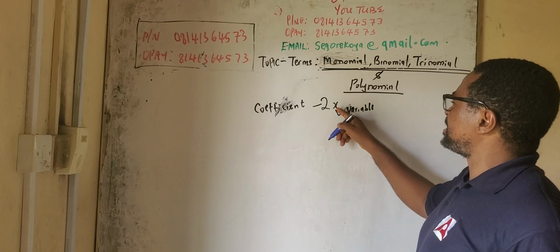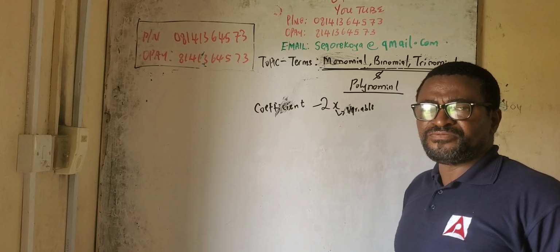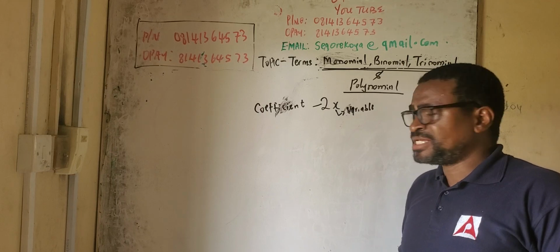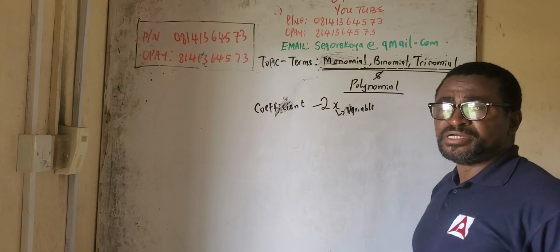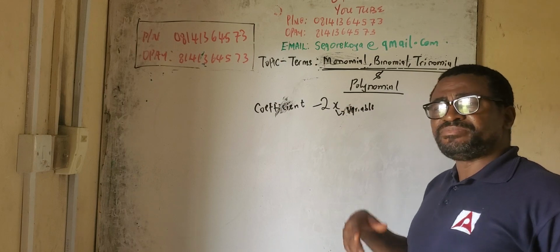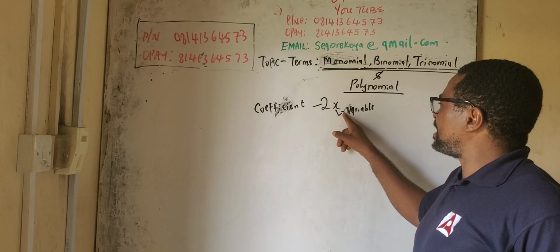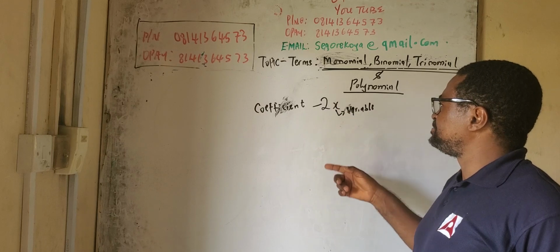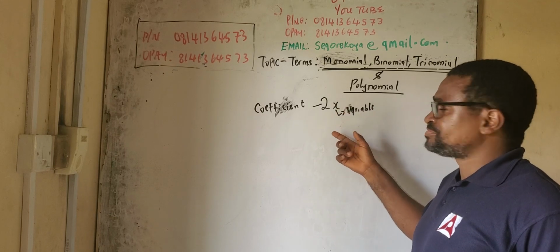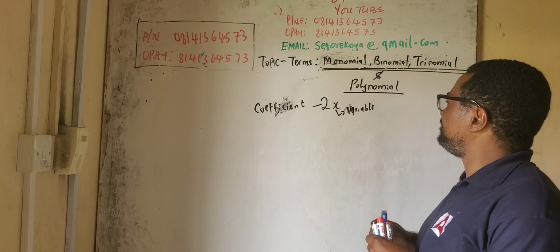Variable in the sense that x can take any value. So the value of x changes. For instance, x can be -1, x can be 0, x can be 7, x can be any other number. So because the value changes, it is called a variable. So this is a variable term.